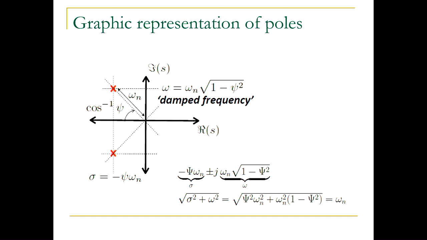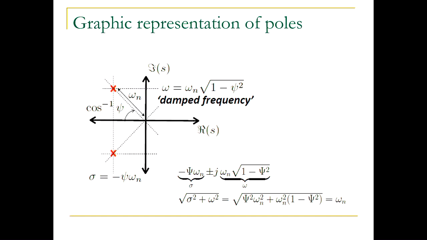Now that we've defined psi and omega n, we can be much more precise about the shape of the oscillatory response we get for stable systems. By the way, I want to consider only stable responses here, not unstable ones, but give a more detailed analysis. In particular, I want to relate how the damping factor psi affects my response.